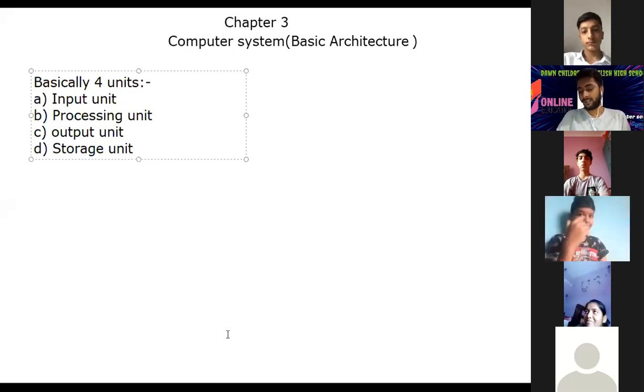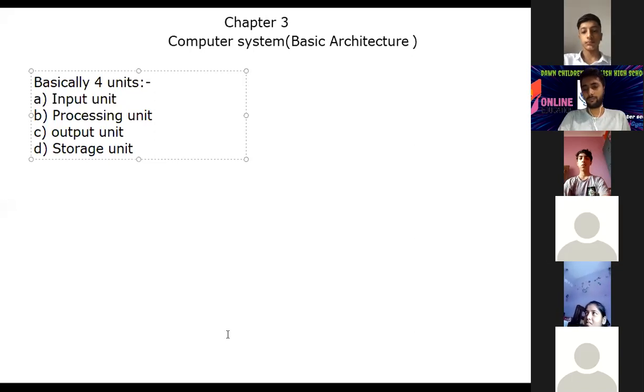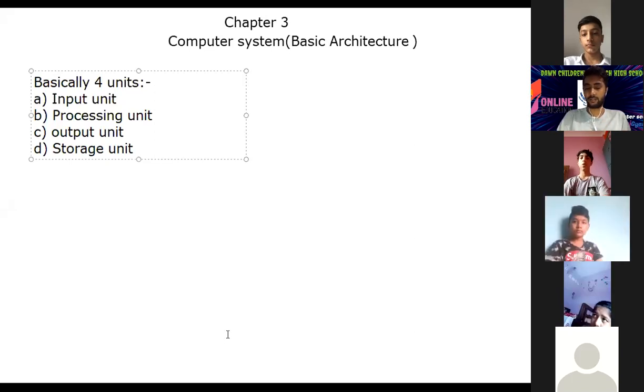Once we give data, then only will we get the output. Therefore, data is also a very important part. Without data, we cannot get output, because once we give data, then only our CPU will perform the processing task. At last, our output device will give us the result, that is output. So data is also a very important thing.